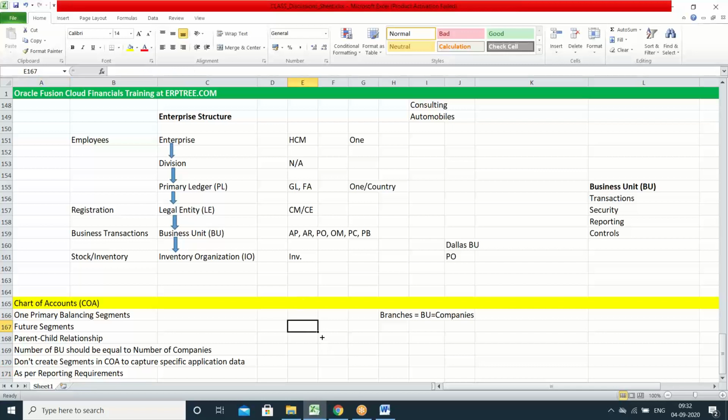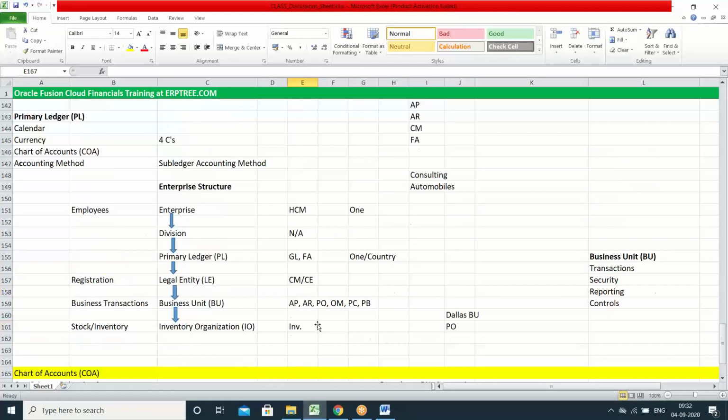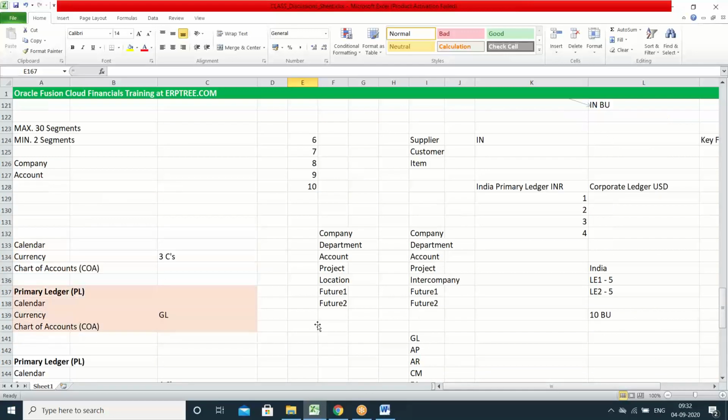Instead of setting as mandatory or optional, in reality what we do is, for example, you take this case. I have given a segment called project. Say you are spending some expense. The expense may not belong to a project. But if it is a project related expense, the expense belongs to which company, which department, what expense, and which project, we will specify.